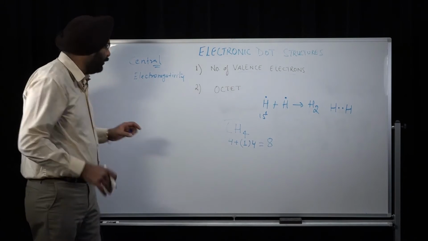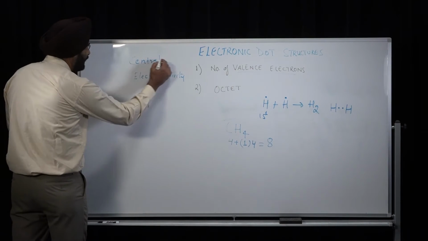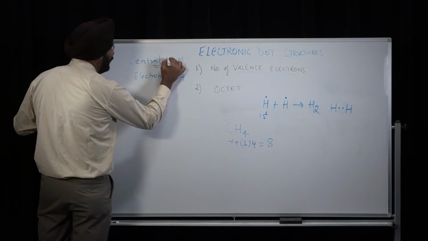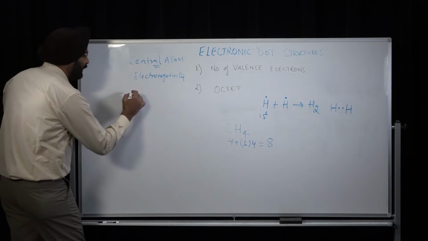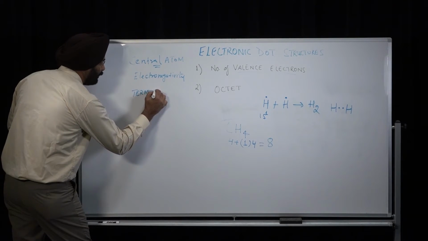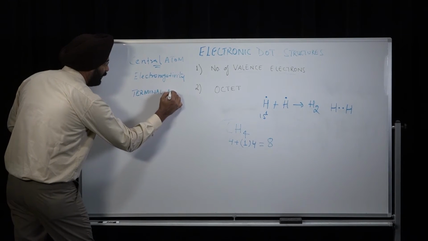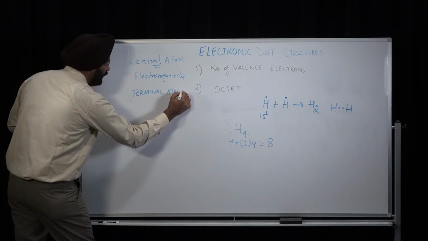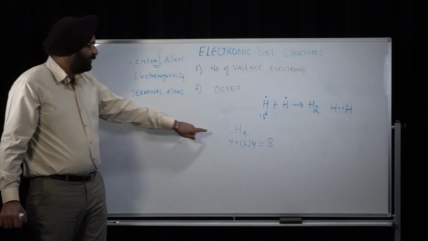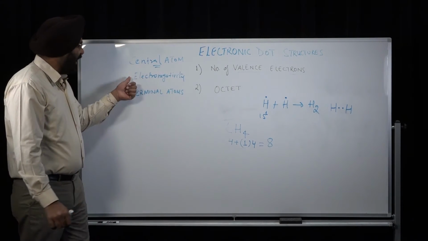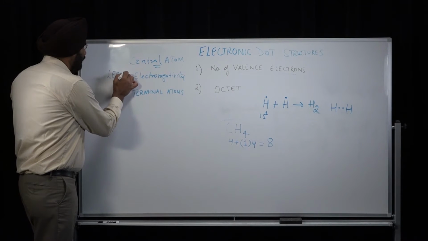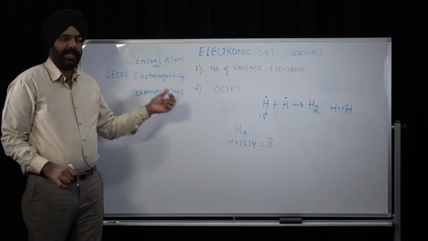So in a molecule, what we have is a central atom and many terminal atoms. Which is the central atom? The atom which is present in fewer number, and the atom which has lesser electronegativity than the other one.